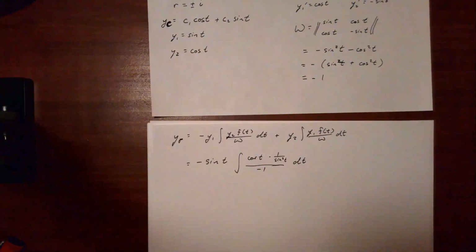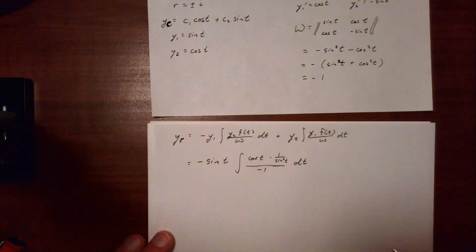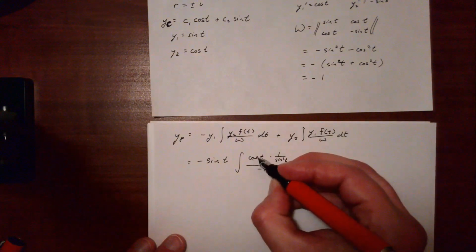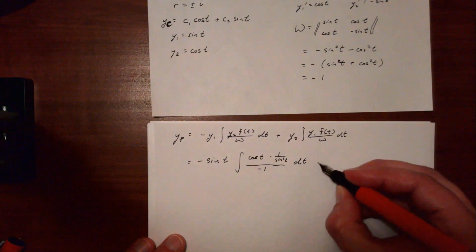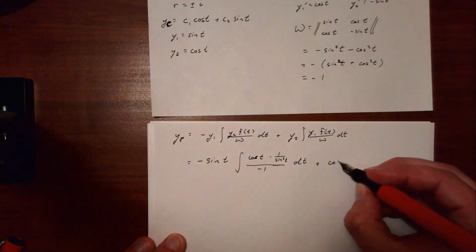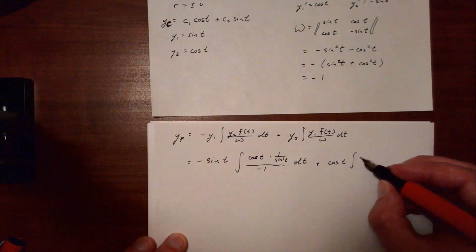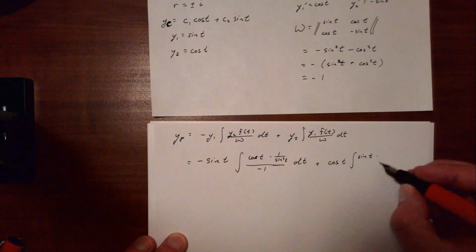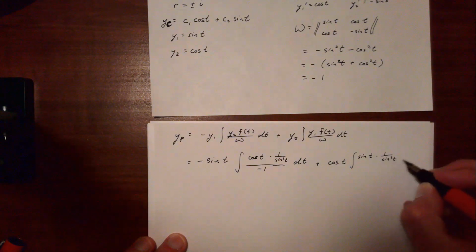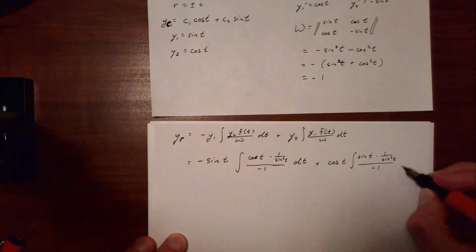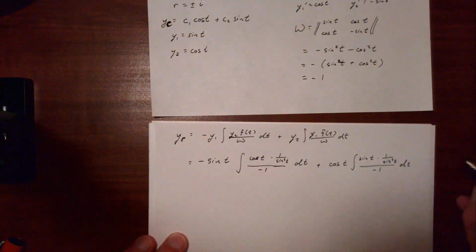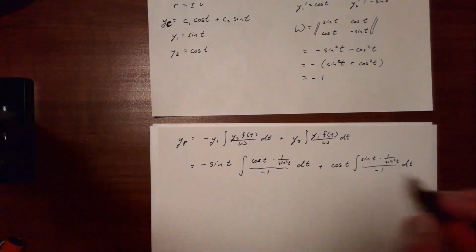We'll sort that out in a second. We're just getting it all on the page, and then we'll clean it up. Plus y2, which is cosine t, times the integral of y1, which was again sine t, times f of t, which is 1 over sine squared t, all divided by W, which is negative 1, and that's an integral with respect to t.